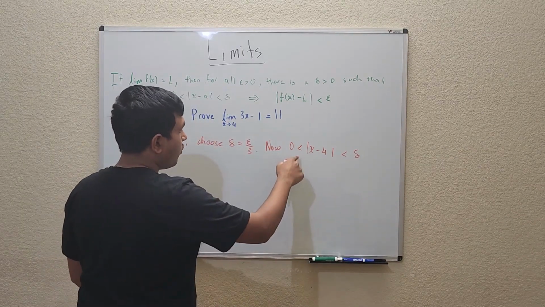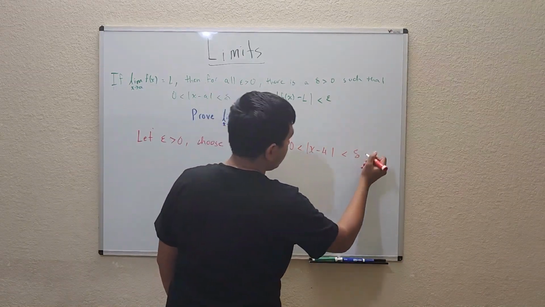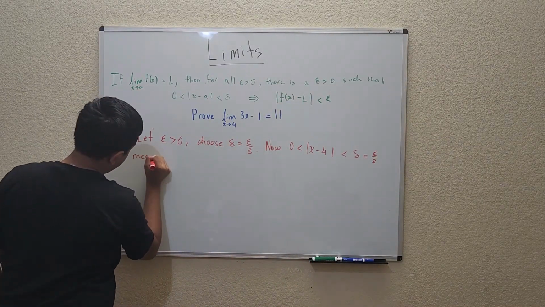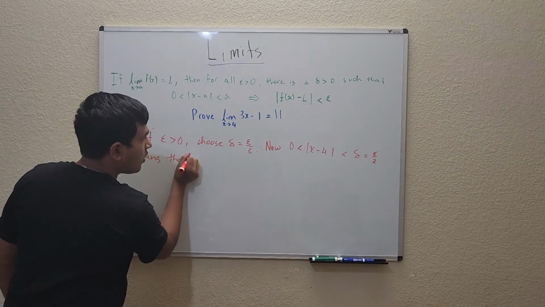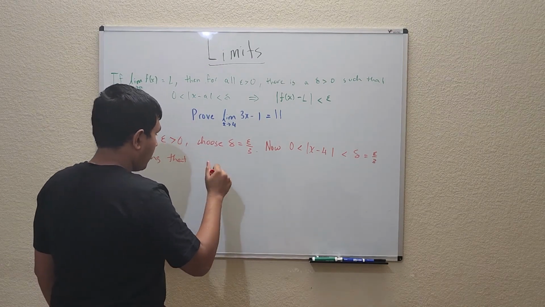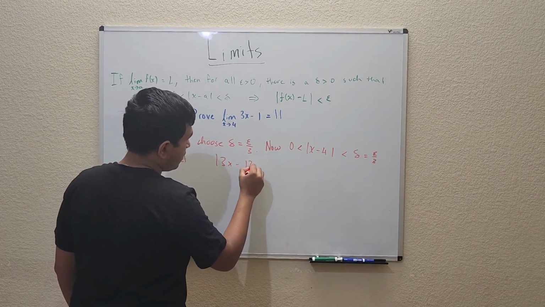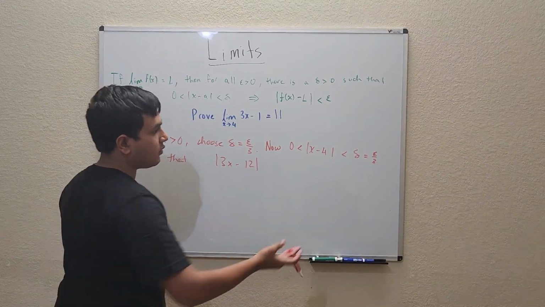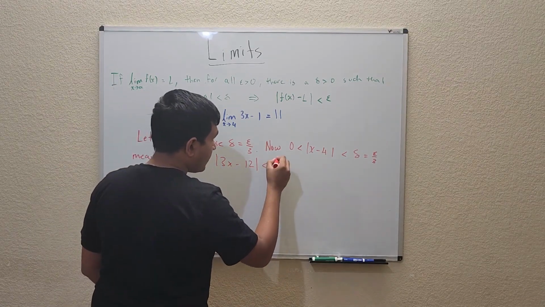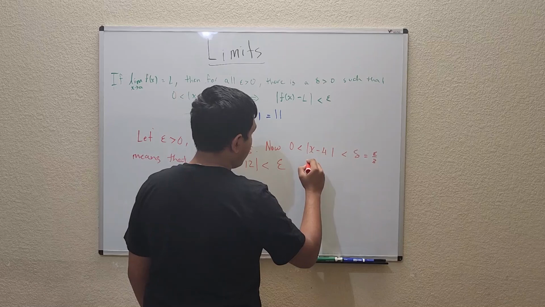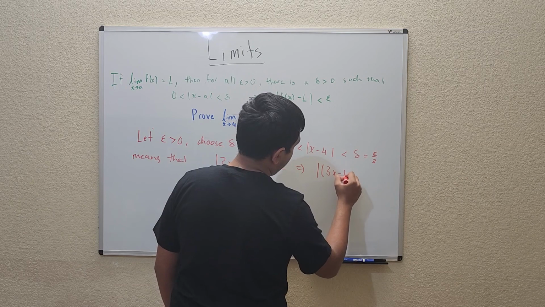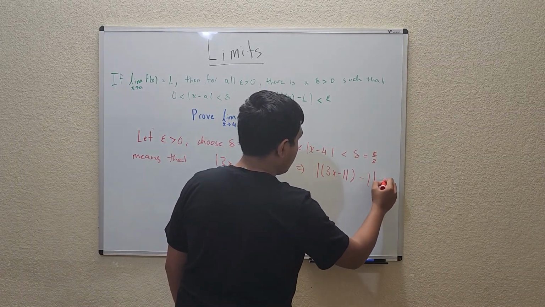So we have that 0 less than the absolute value of x minus 4 less than delta is equal to epsilon over 3 means that if we multiply by 3 on all sides, we have the absolute value of 3x minus 12. Now we can get rid of the 0 in this scenario because we're only concerned about what it's less than, not that it's greater than 0 anymore. So we have this less than epsilon. Okay, and this means that you have the absolute value of 3x minus 11 minus 1 is less than epsilon.